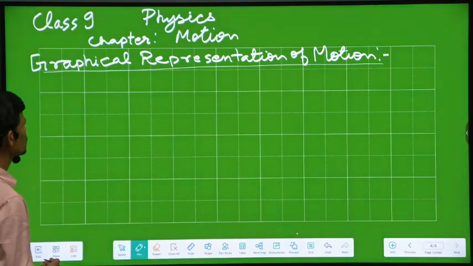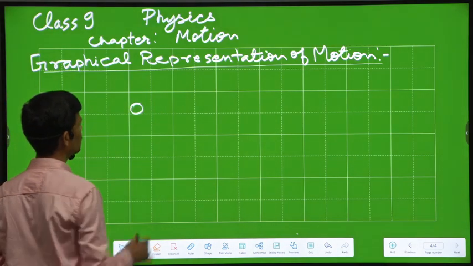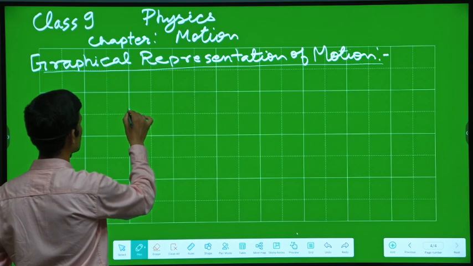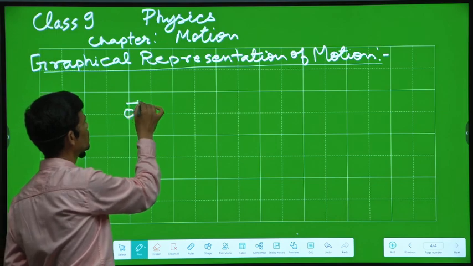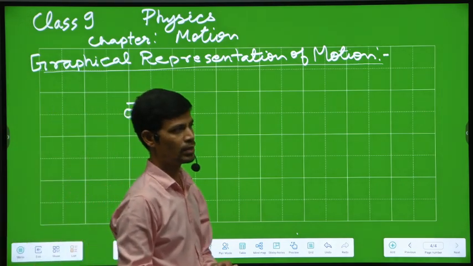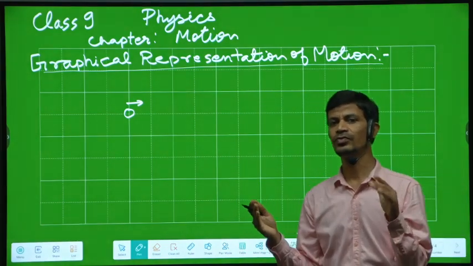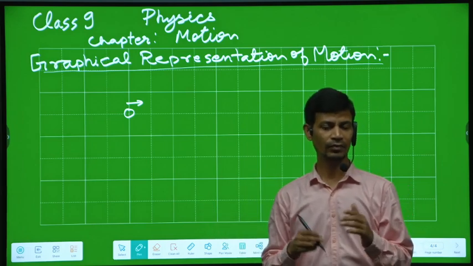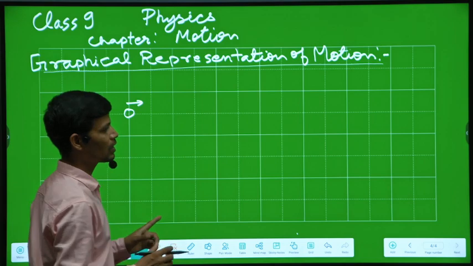So, let us suppose there is an object exactly here, and this object is moving along this direction, and let us suppose we have a mechanism by which we can take its photograph after each second, after 1 second, and we can take its photograph only after 1 second.